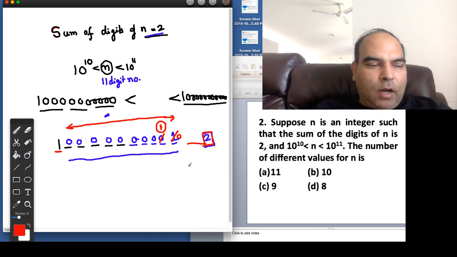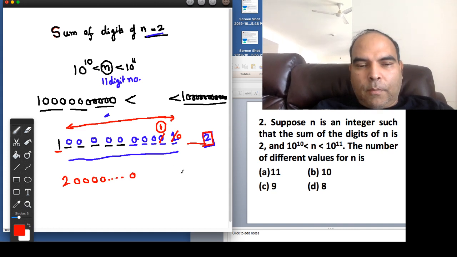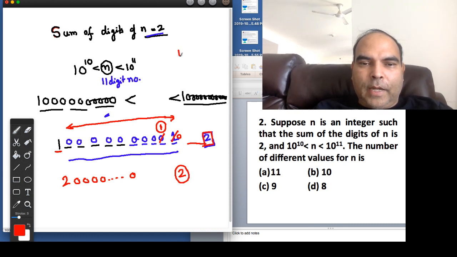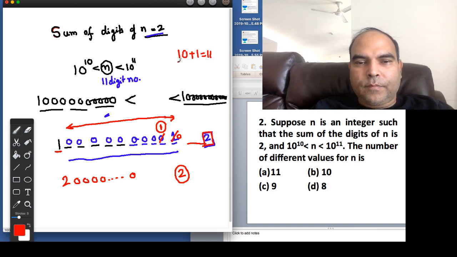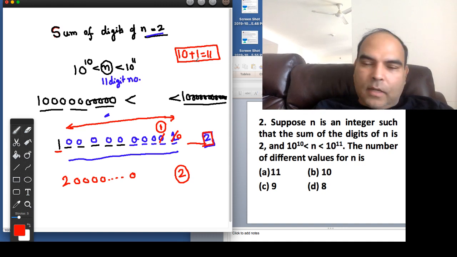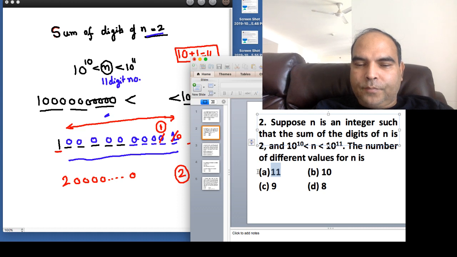And then don't forget to count the number 2 followed by 10 zeros. This number will also have a sum of digits of 2 only. So the total would be 10 plus 1 or 11 such numbers. Right? So I hope you enjoyed that question, and hence the correct answer is option A.